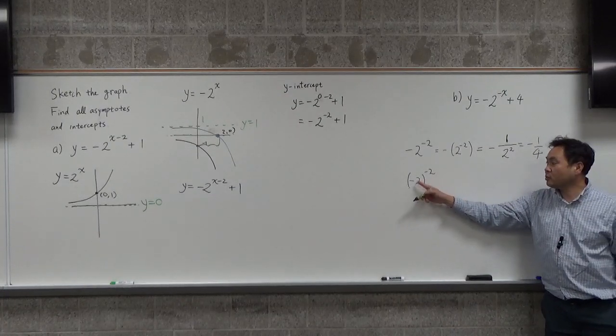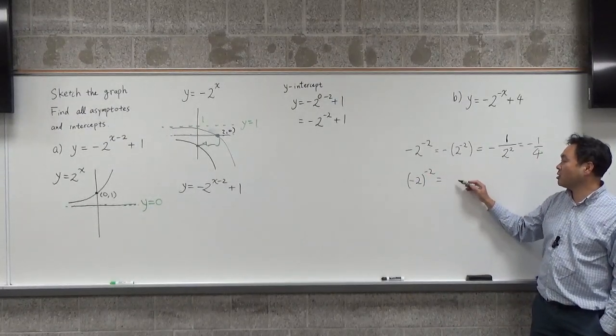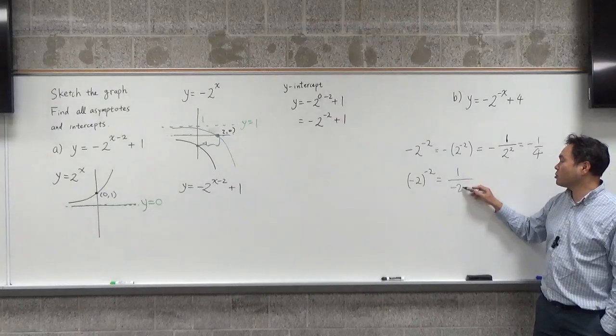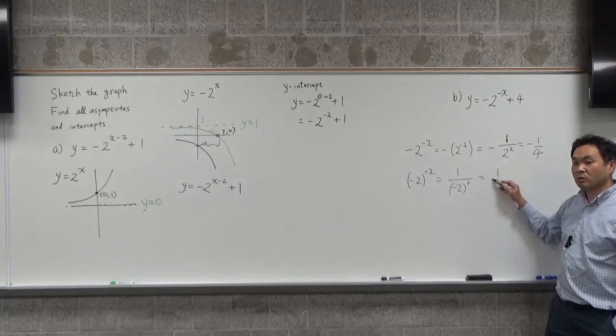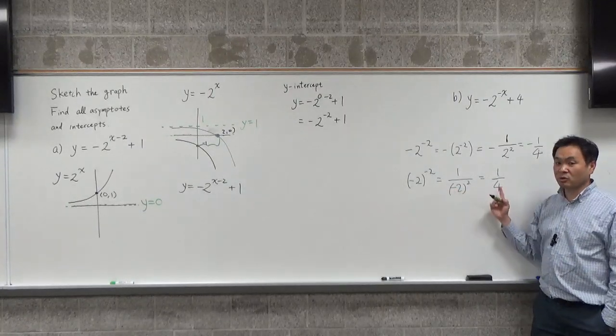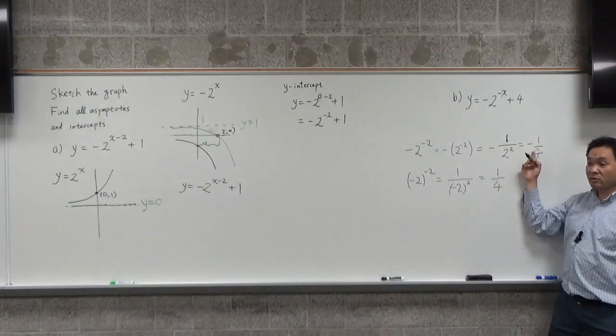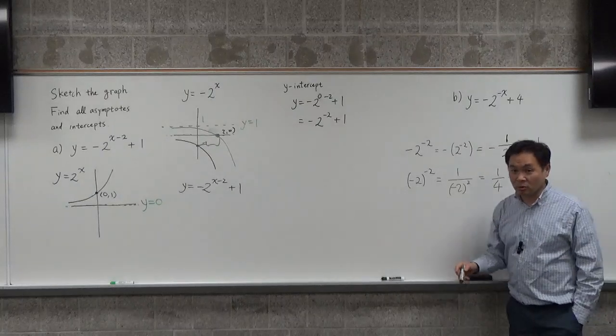On the other hand, this one, when negative 2 is applied to the entire thing, that's going to be 1 over negative 2 to the second power, which will be 1 over positive 4. So this one is positive 1/4. This is negative 1/4. They're different. You have to know the difference.